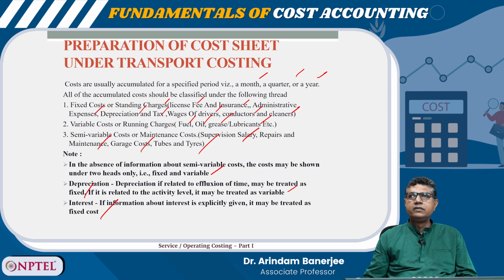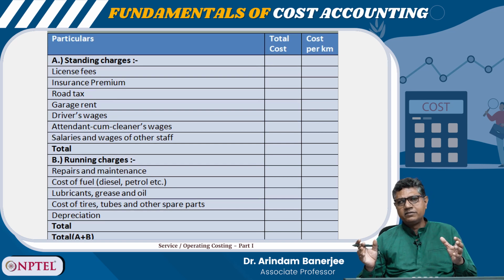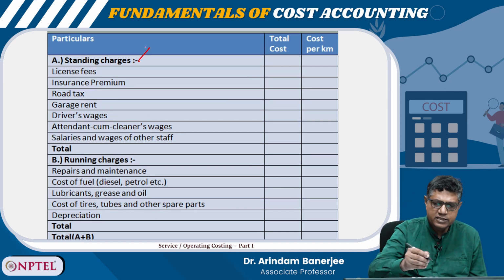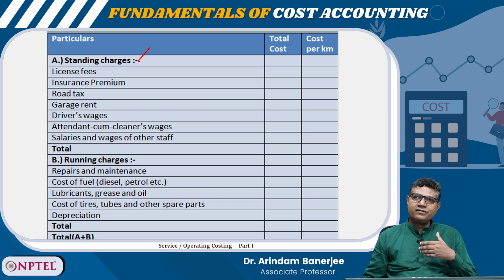Okay. So these are the key points in the preparation of a cost sheet for a transport company. The format may look like this. These are the standing charges. Standing charges means fixed charges which are going to be incurred anyway, whether the vehicle moves on the road or not.